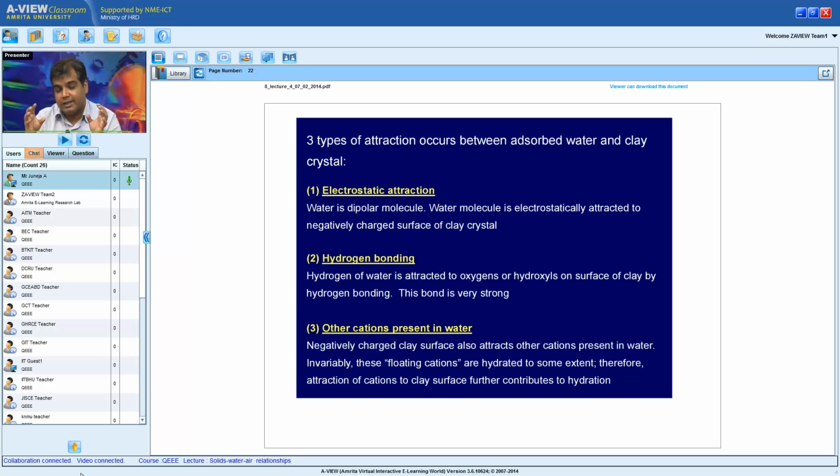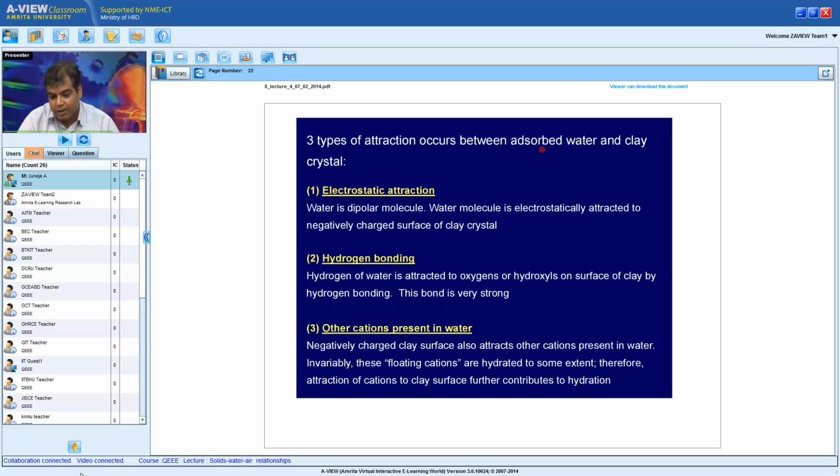So it's like a magnet, let's call it a mini magnet. Overall it's neutral, but dipolar makes it one end positive, the other end negative. Because of this dipolar nature, let's see how this water gets adsorbed or attracted to the clay mineral.